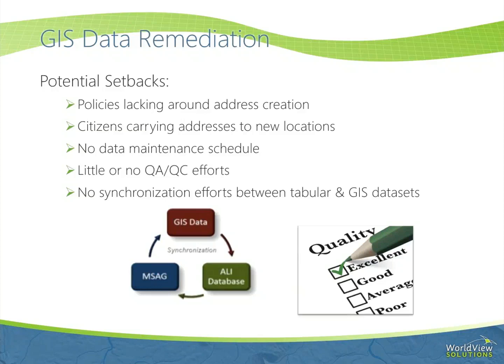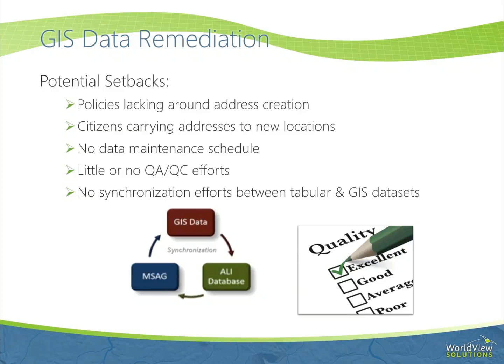Citizens carrying addresses to new locations. While citizens may prefer this method, placing a call from an address that doesn't fit in with the surrounding houses or lots can create a major strain on emergency response efforts. So obviously, as convenient as that may be, at the end of the day, if it's saving lives, it's best to not allow that practice.